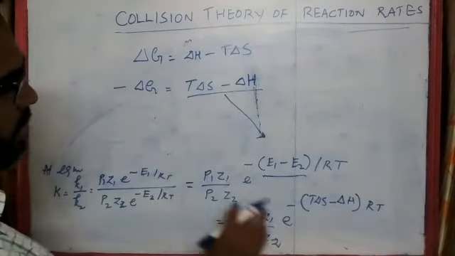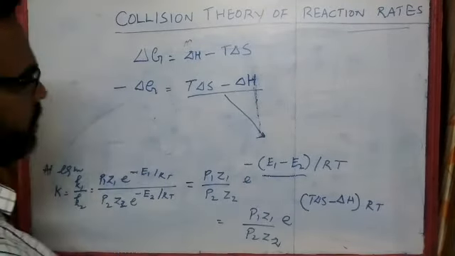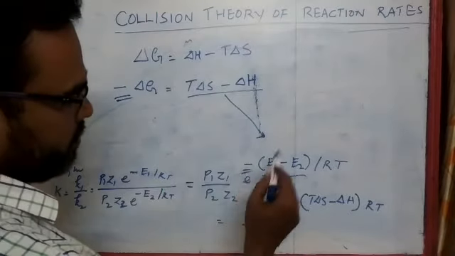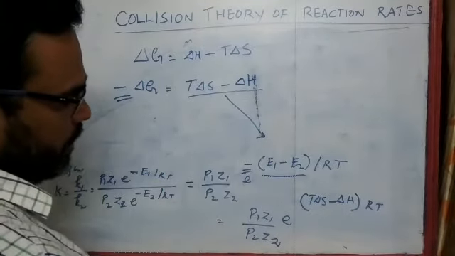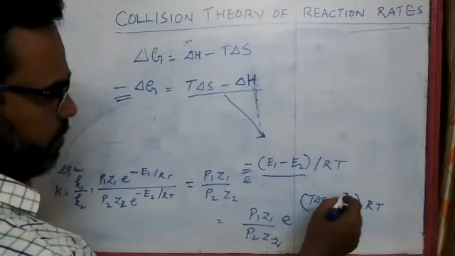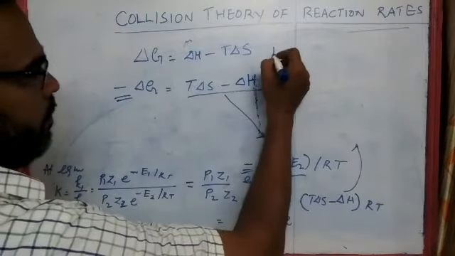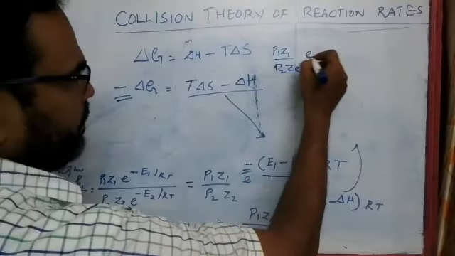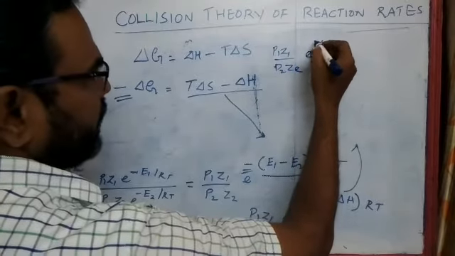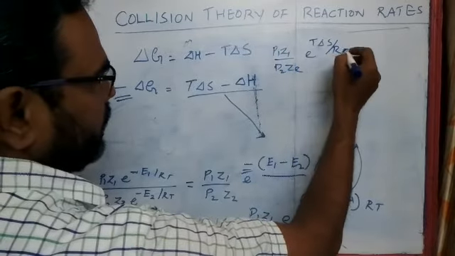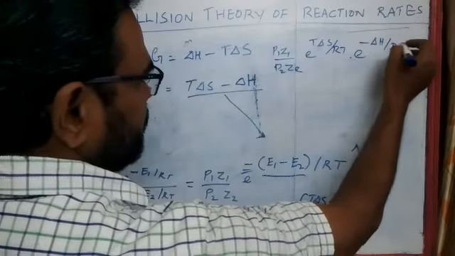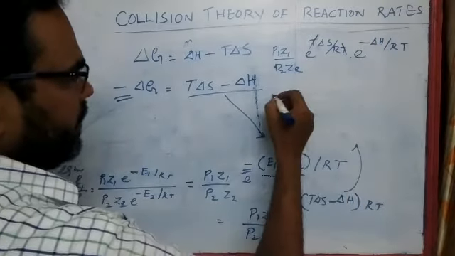So minus G becomes this one. I substitute the entire minus, so this minus will be gone. Now the equation becomes P1 Z1 by P2 Z2 e power T delta S by RT into e power minus delta H by RT. So T and T will be cancelled.